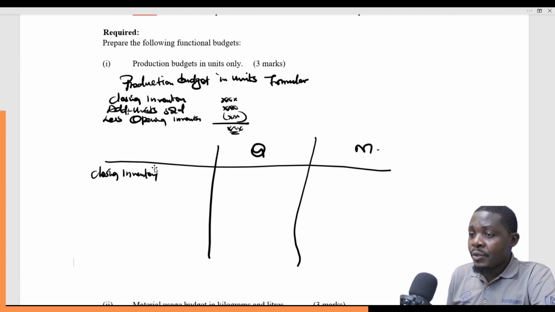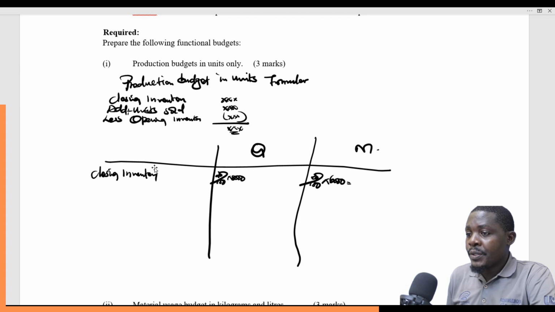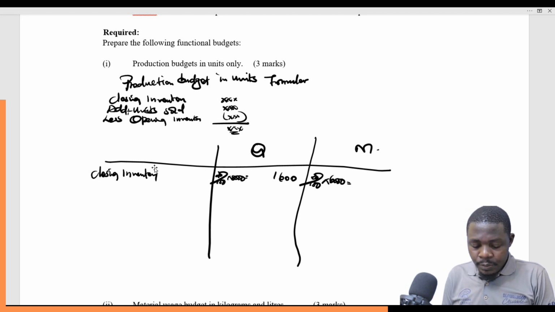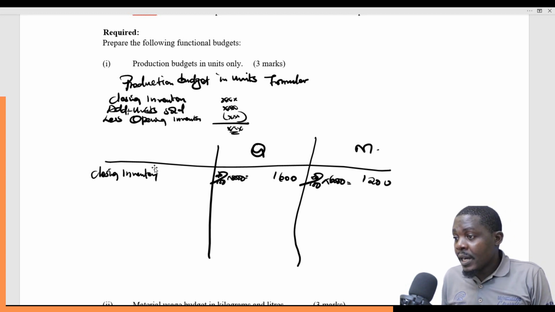Now here we take 20%. 20 over 100 multiplied by 8,000, and the same here, 20 over 100 multiplied by 6,000. 0.2 multiplied by 8,000 is 1,600, that's our closing inventory. Then 0.2 multiplied by 6,000 is 1,200.